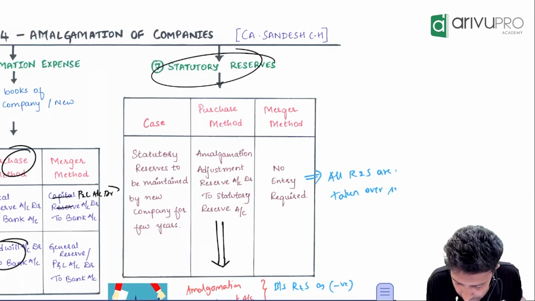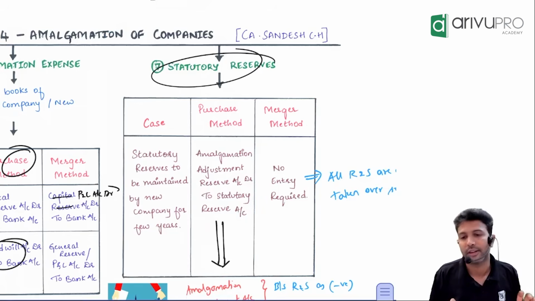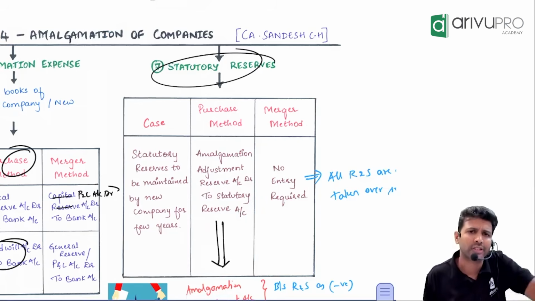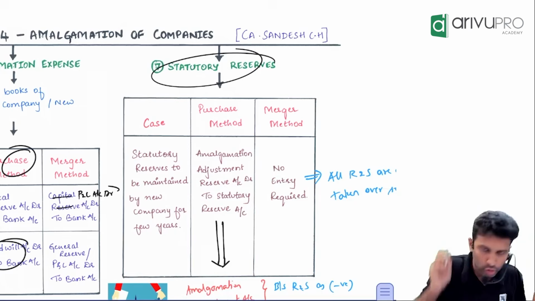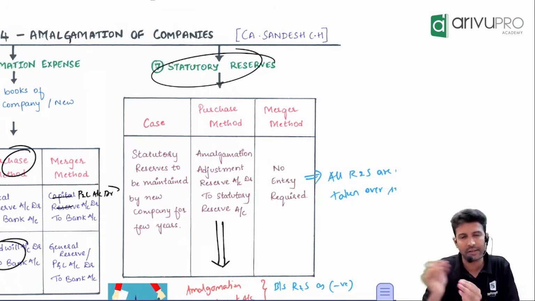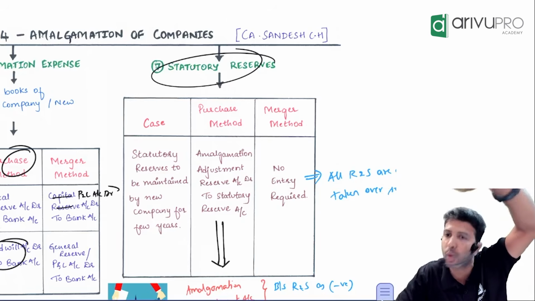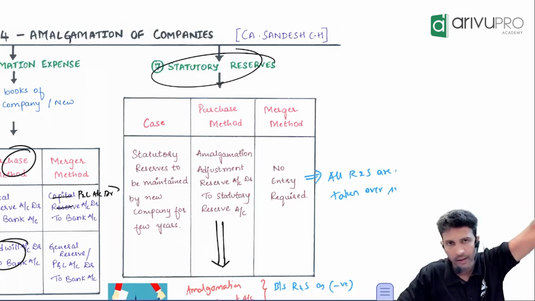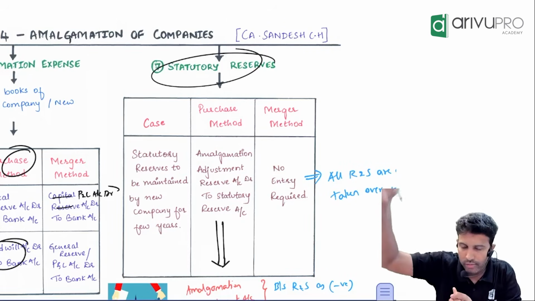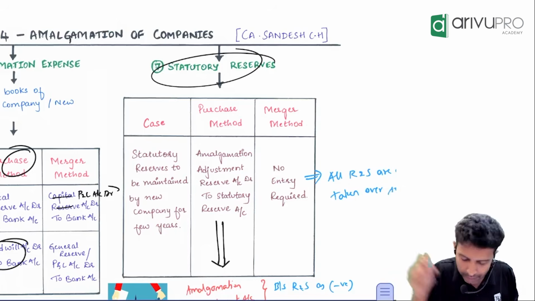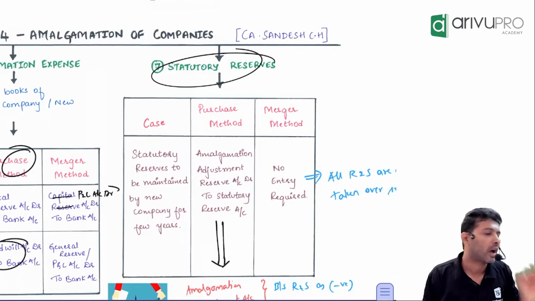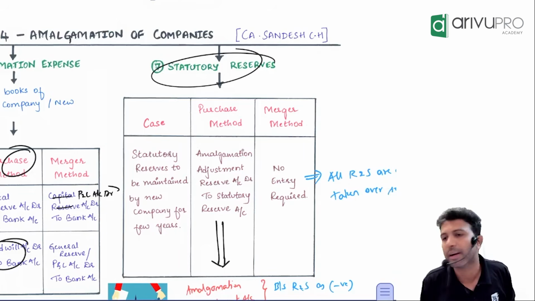So you will credit the statutory reserve, because that is the reserve you are taking over. The question will specify the statutory reserve and its value, 1 lakh, 5 lakh, whatever. Entry means you have to debit also. The debit will be given to a dummy account called amalgamation adjustment reserve account.